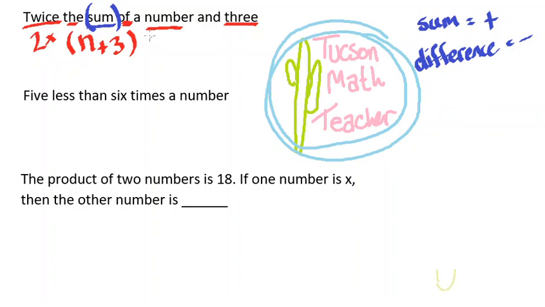I put the parentheses far apart so that I could fill in what I was adding together there. But I did put this 2 times, which we wouldn't normally write. So it's a good idea, once you've got a rough idea of what the expression looks like, to rewrite it: 2 times n plus 3 in parentheses. And there we have our expression.